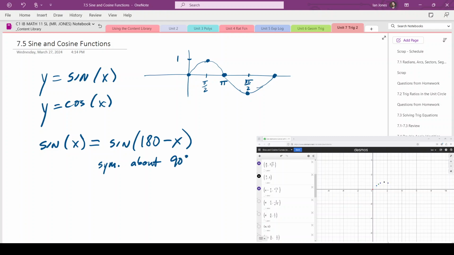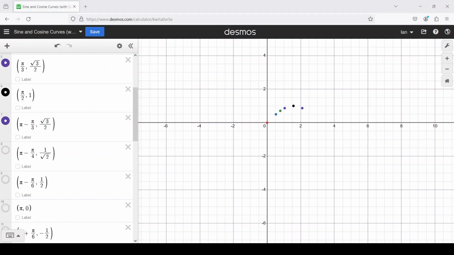Meaning that when you take two angles that are the same distance away from 90 degrees, the sine of those will be the same. We can see it right here. If I go equidistant to the left and the right of 90 degrees, the heights are the same, right? And we can see it starting to show up on our other graph as well.